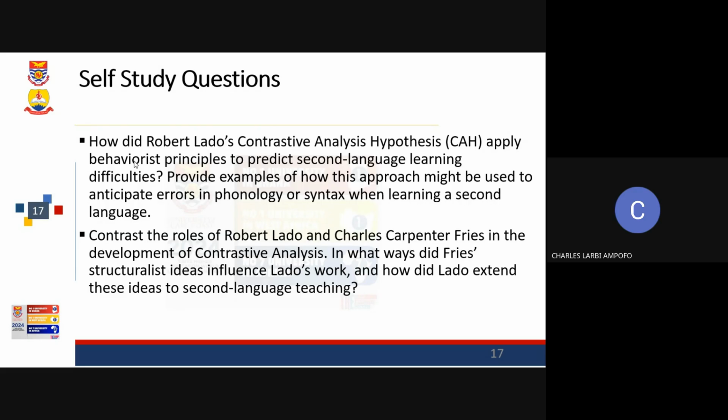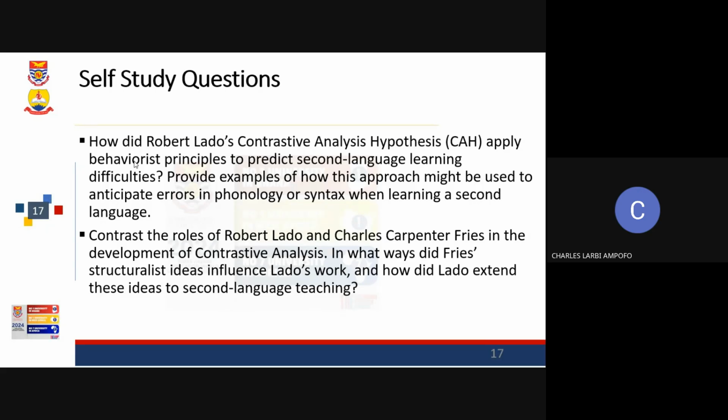So we look at how contrastive analysis can be applied in our teaching. It helps the teacher to anticipate errors that learners are likely to make in the second language. And also it helps in curriculum design. It helps us look at areas that learners are likely to face difficulty in the second language.